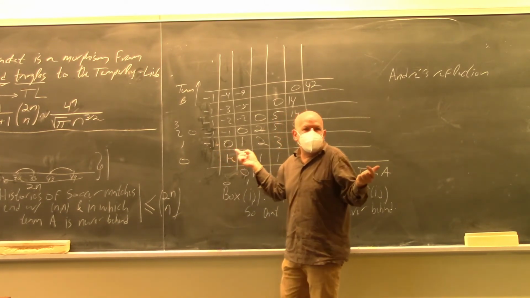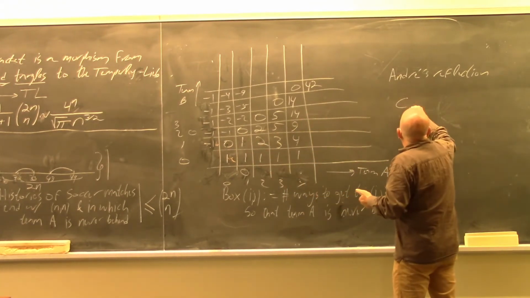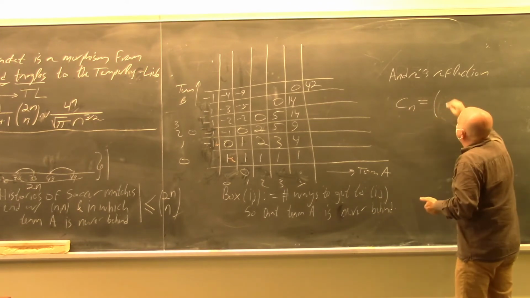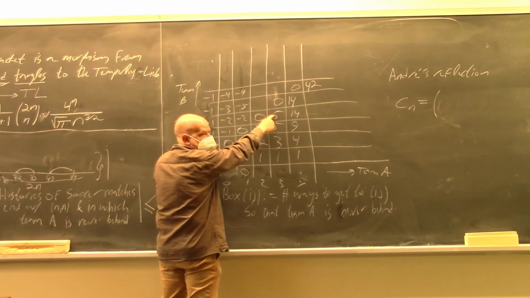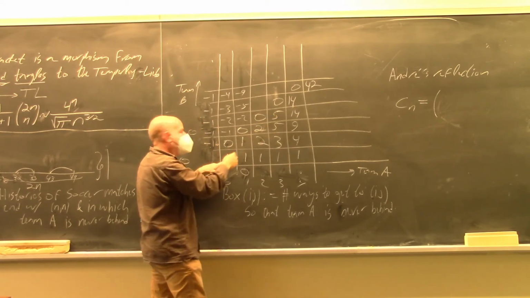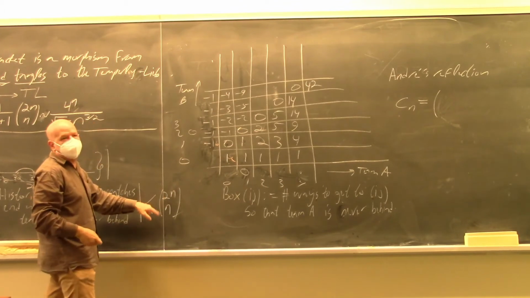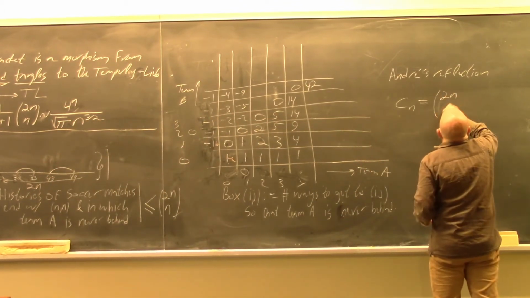That's exactly how you generate Pascal's triangle. So therefore, Cn is equal to the entry up here in Pascal's triangle, which we actually computed: it's 2n choose n.